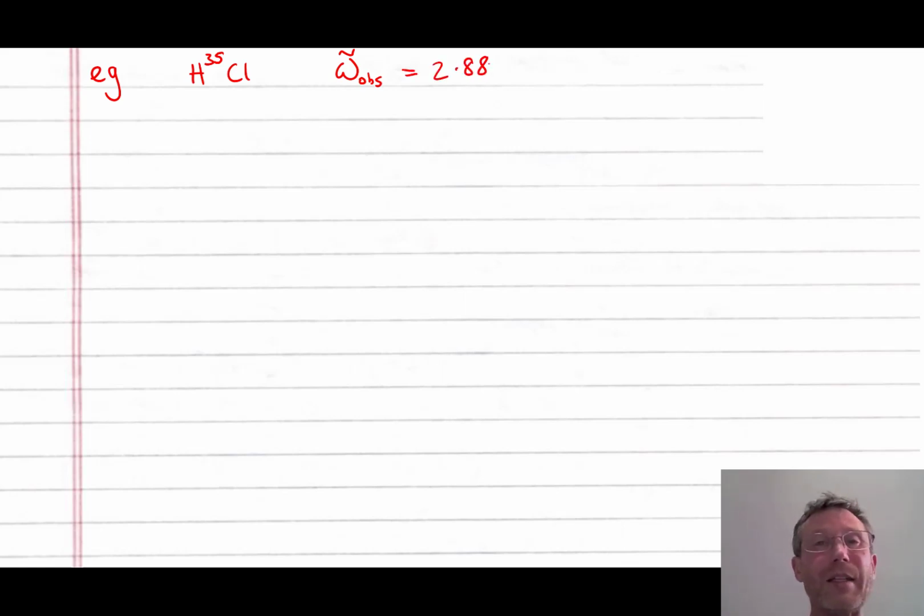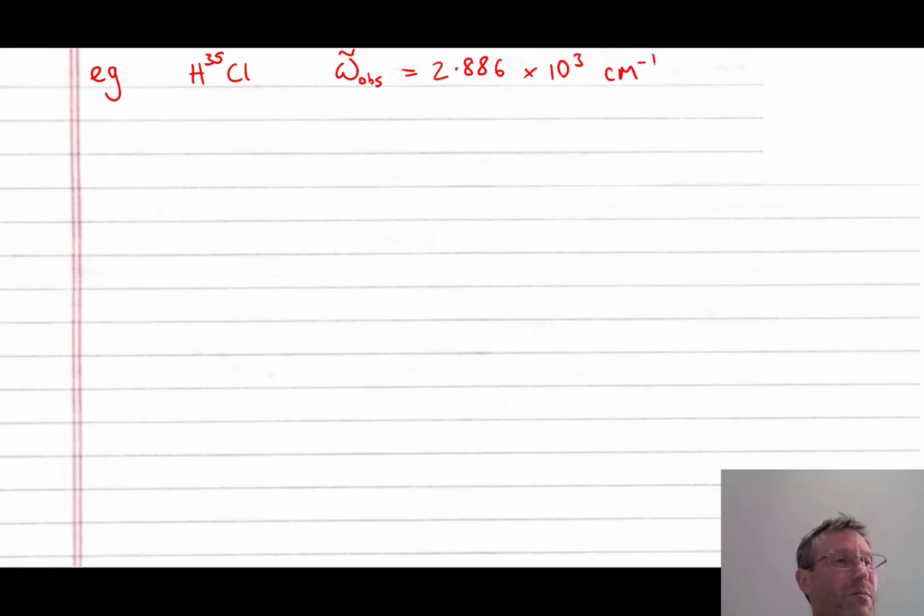So here's an example. We've got some molecule, hydrogen chloride, and we find that the observed wave number is 2.886 times 10 to the 3, and that's in wave numbers.